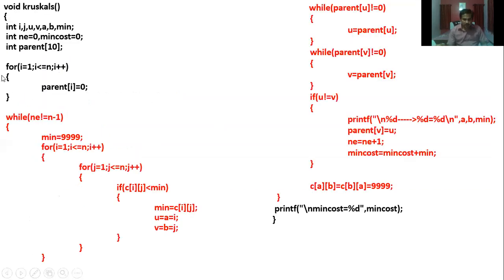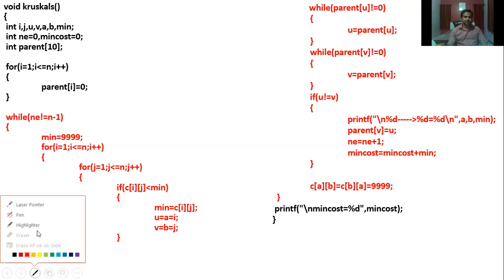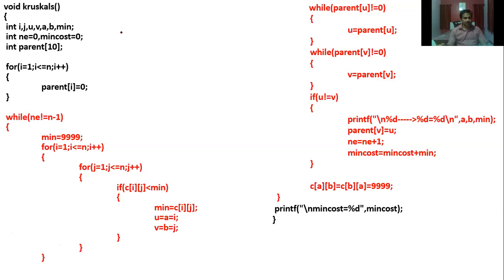The same Kruskal algorithm is here because I just wanted to explain it with a sample input. For that purpose, I copied the same code into the presentation slide. So here, let me consider the input graph.